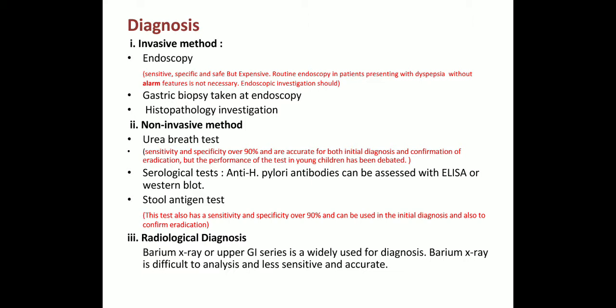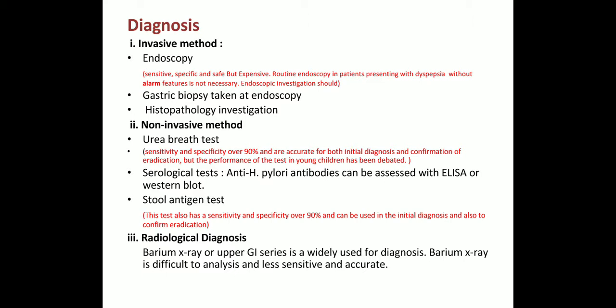Next, non-invasive methods. The important non-invasive methods are only useful for H. pylori associated peptic ulcer disease. Most of these non-invasive methods are useful for determination of H. pylori infection. So the first very popular one is the urea breath test.